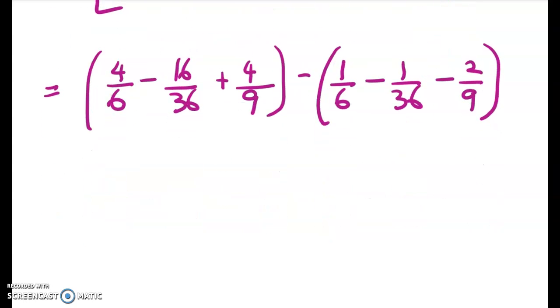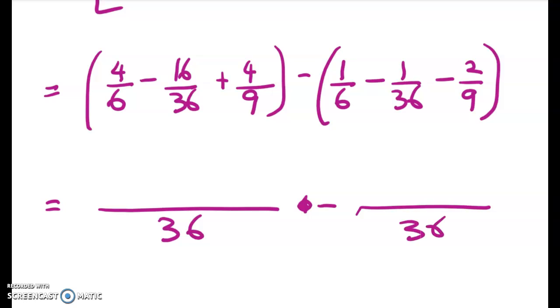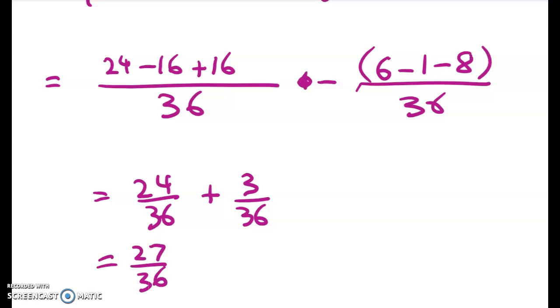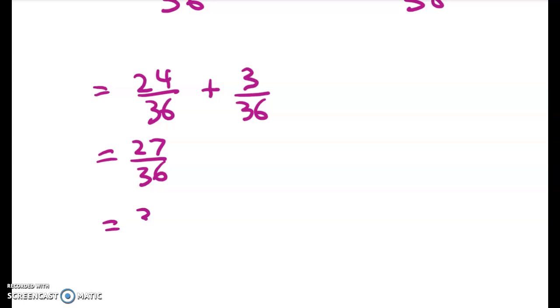So I cleaned those up into two fractions, common denominator of 36. And we've got 24 minus 16 plus 16 minus 6 minus 1 minus 8. That gives us 24/36 plus 3/36, which gets me to my final answer of 3/4.